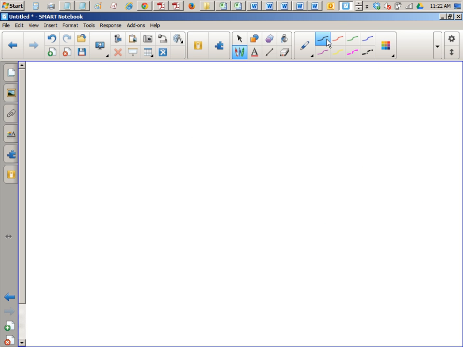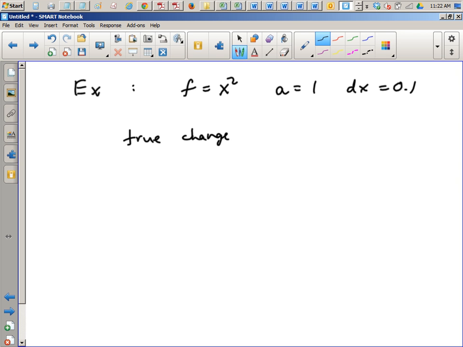Okay, let's just try an example where we'll start really simple. Let's say that the function is x squared, a is simply 1, dx is 0.1, and we're trying to find those three things: true change, estimated change, and approximation error. Now tonight you do not have to draw a picture unless you feel it's helpful. So this one's actually a pretty simple picture.